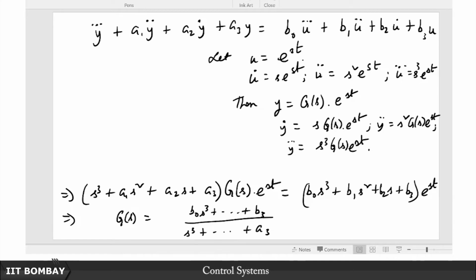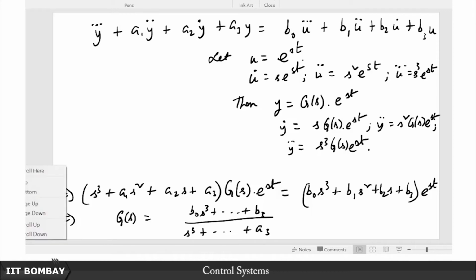So this is another way of deriving the transfer function, which is just to plug in the input as e to the st. Having seen this much, we will call it to a close here. We will no longer dwell on the theoretical nitty-gritties. We have already seen enough ways to derive the transfer function.